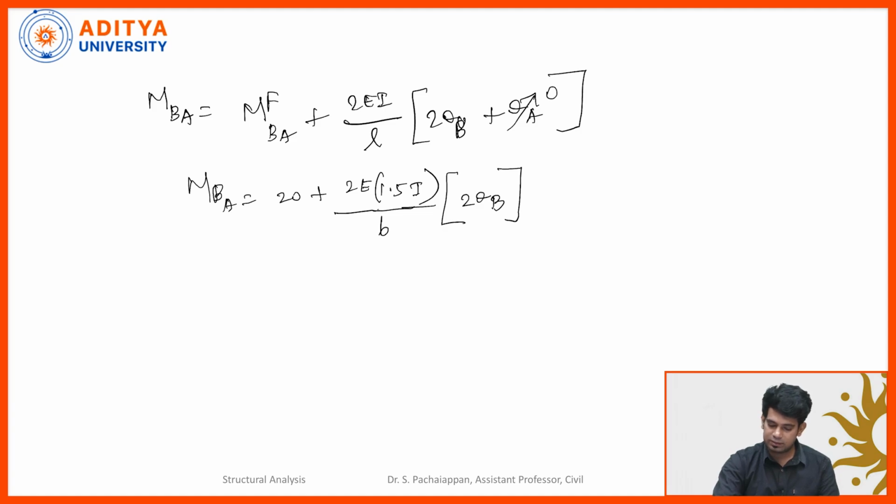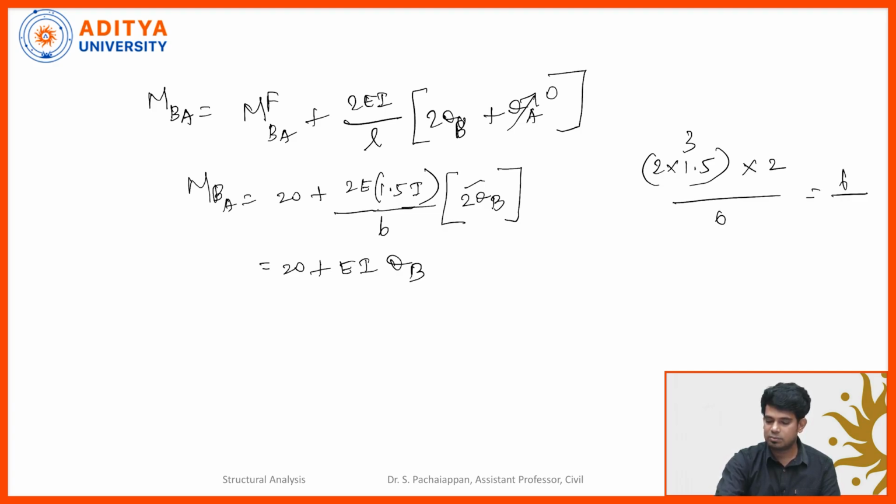If you simplify this, 2 multiplied by 1.5 gives 3, 3 multiplied by 2 becomes 6, and 6 divided by 6 gets cancelled. So we'll be having 20 plus EI into theta B. Why do we have EI? Because 2 multiplied by 1.5 gives 3, multiplied by 2 divided by 6, so 6 by 6, and that is how we got this value. So this is equation 2.